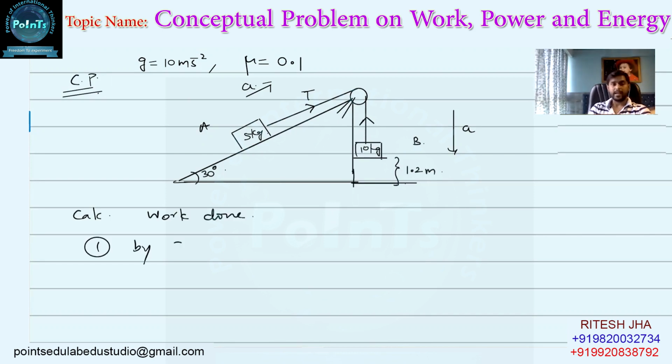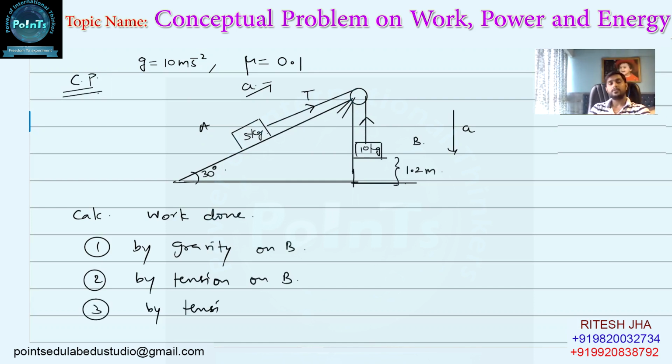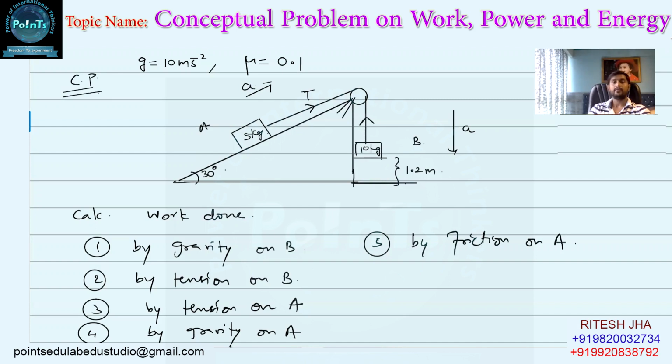First thing, by gravity on B. Second, by tension on B. Third, by tension on A. Fourth, by gravity on A. And also by friction on A. So these are the things that you need to determine.